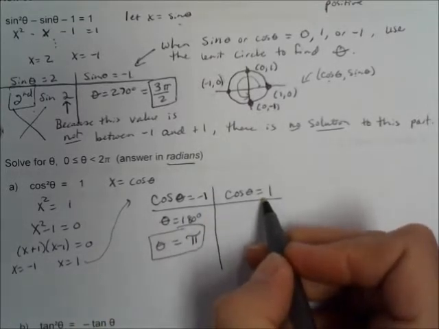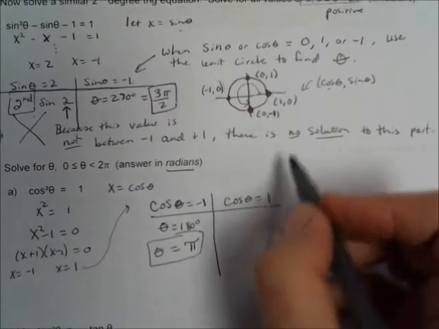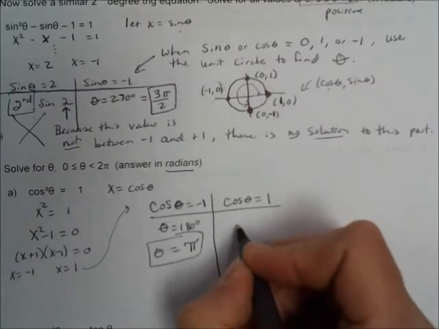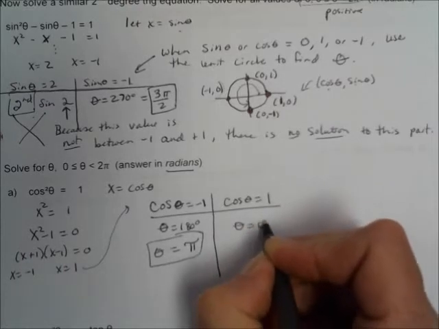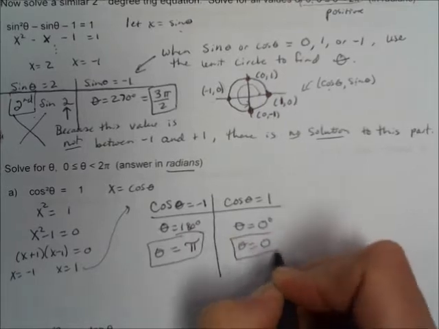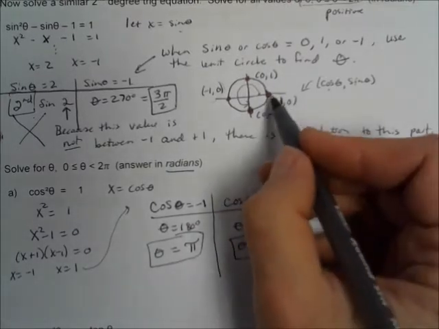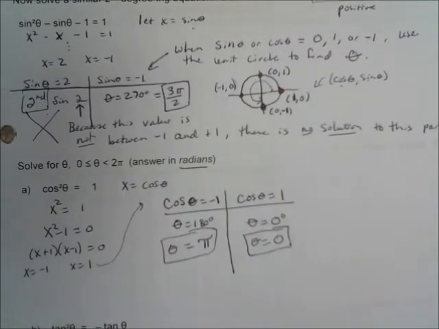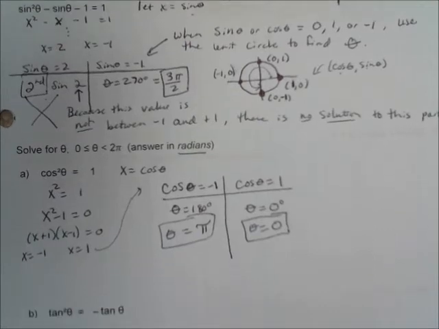Now where's the cosine equaling 1? Well, right here is where the x value equals 1. So theta is equal to 0 degrees, which is 0 radians. So there are our 2 answers, and they don't want us to include 360, or 2 pi. If you see that, it's not less than 2 pi, so don't include that other answer. So there are 2 answers to this problem.